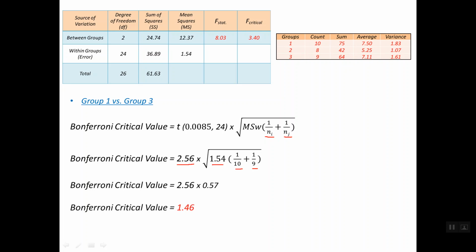Again, if we proceed, we get the value of the Bonferroni critical value to be 1.46. And simply we can compare this value for Bonferroni with the absolute difference between the mean for group 1 and group 3.